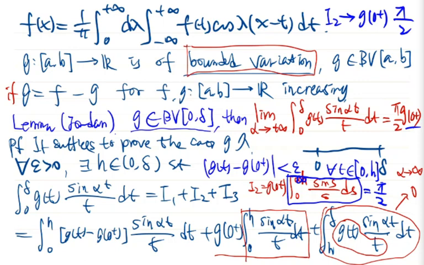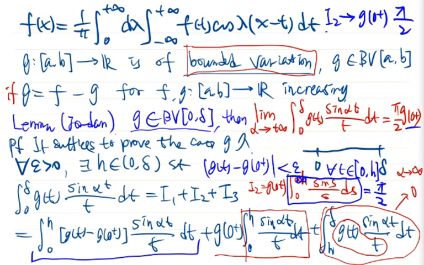So if we can prove that I1 goes to 0, then the result is correct. Because the integral in the lemma is divided into I1, I2, and I3. I2 converges to the number in the lemma, and if I1 and I3 converge to 0, then the result is valid.